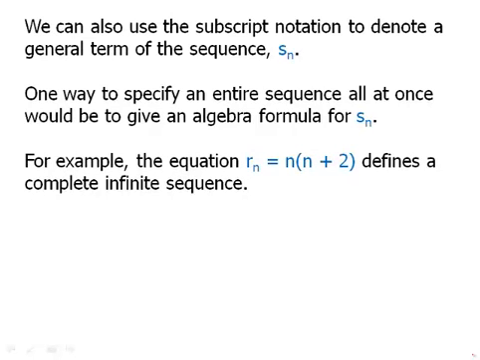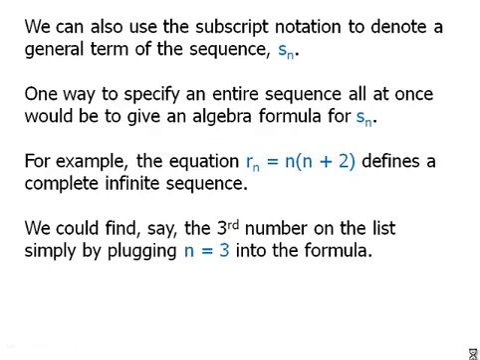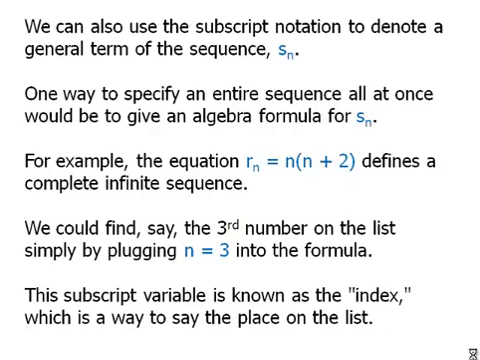For any natural number, we can plug in that number and get a number on the list. And so this gives us an infinite list. We could find, say, the third number on the list simply by plugging in n equals 3 into the formula. This subscript variable is also known as the index, which is a way to say the place on the list. So n is the index.